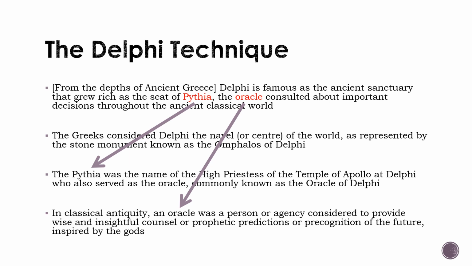So from the Delphi technique, the expectation is that whatever insights or suggestions are provided by making use of this technique are going to be extremely useful for the project, right? They should be predictions, they should be the precognition of the future, they should be insightful counseling, and that is why the Delphi technique is used.